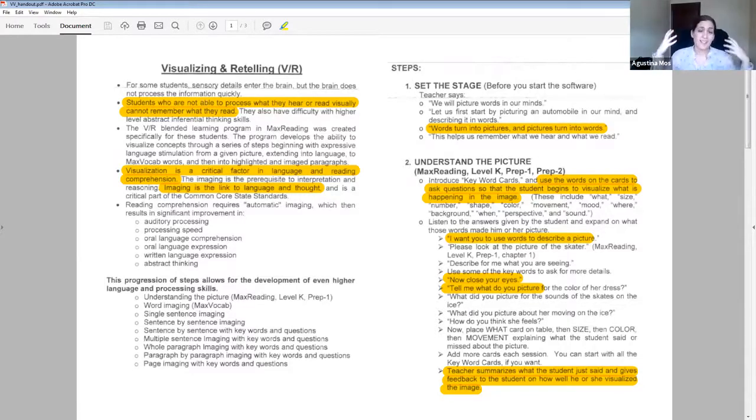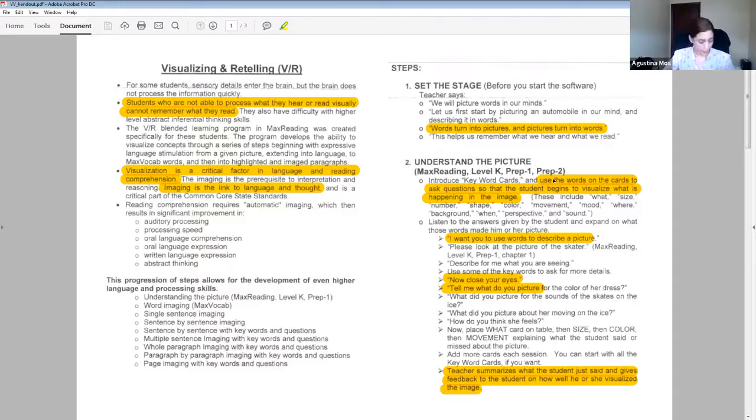Of course, in the brain, eventually it becomes automatic, but this is how we started, with the pictures and asking these questions back and forth. So I bypassed a few things in the text, and what I highlighted here is kind of what I just said. Words turn into pictures and pictures turn into words. It's like a loop of thought, image, language. That's what we're trying to do.